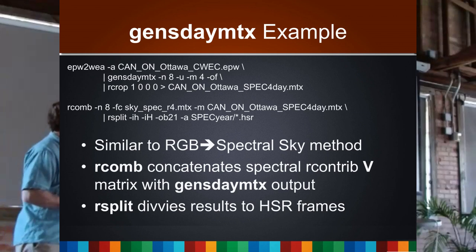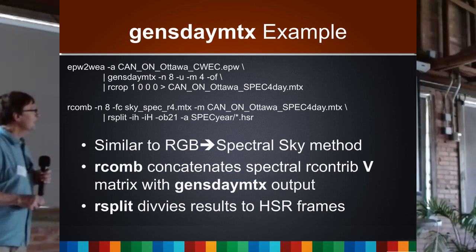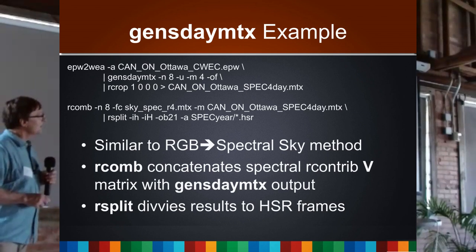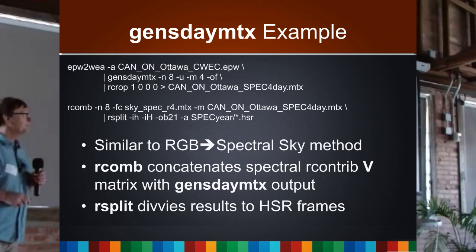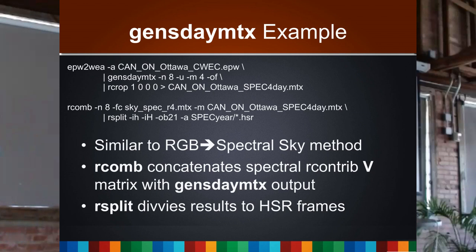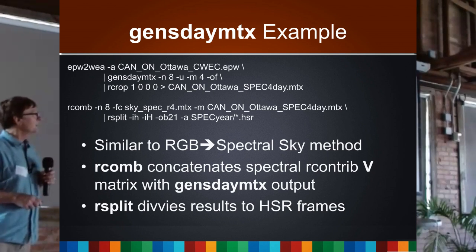In this case, I'm taking that spectral sky matrix and applying it to the calculation I did earlier for our little room with the skylight. And I'm piping the output of that straight into RSplit and using the same trick to generate time step hyperspectral radiance pictures.